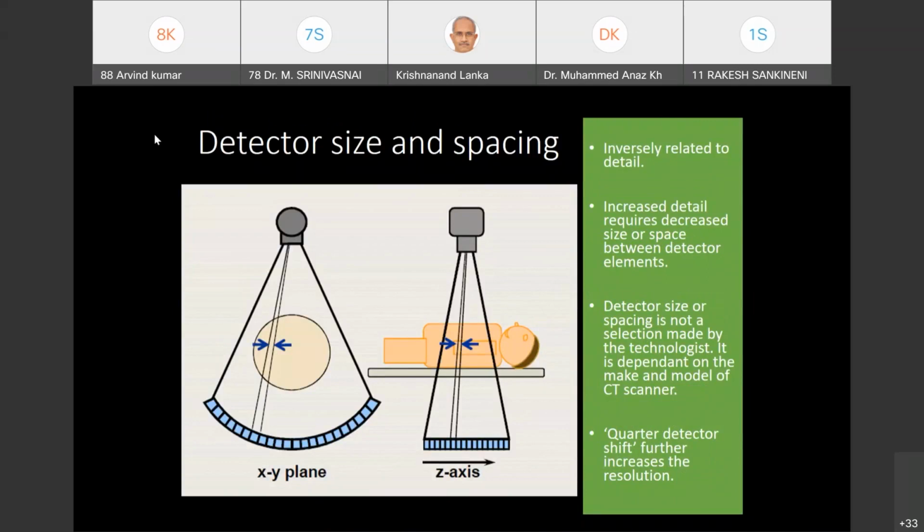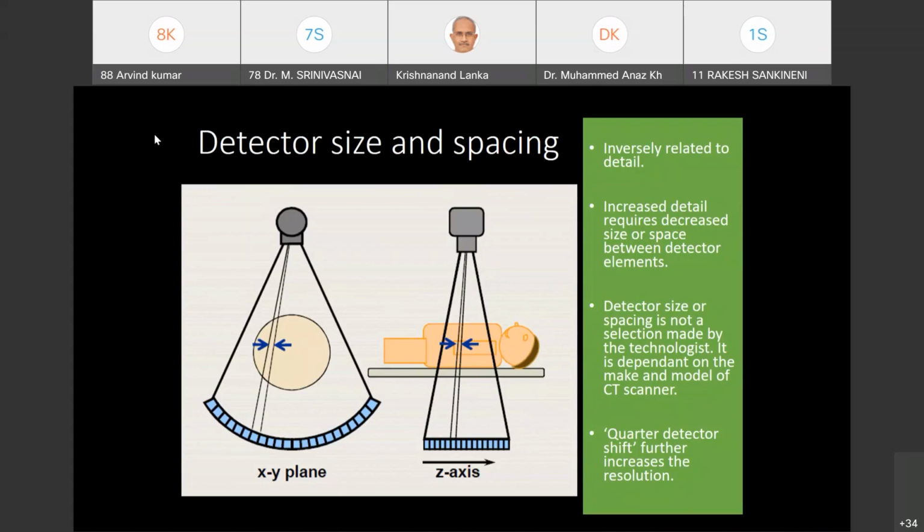It is inversely related to detail: more detail requires decreased size and space between detector elements, right? So this is obvious, no? Decreasing the size of the detector will automatically increase the sharpness. Detector size or spacing is not a selection made by technologists. It is dependent on the make and model of the CT scanner.